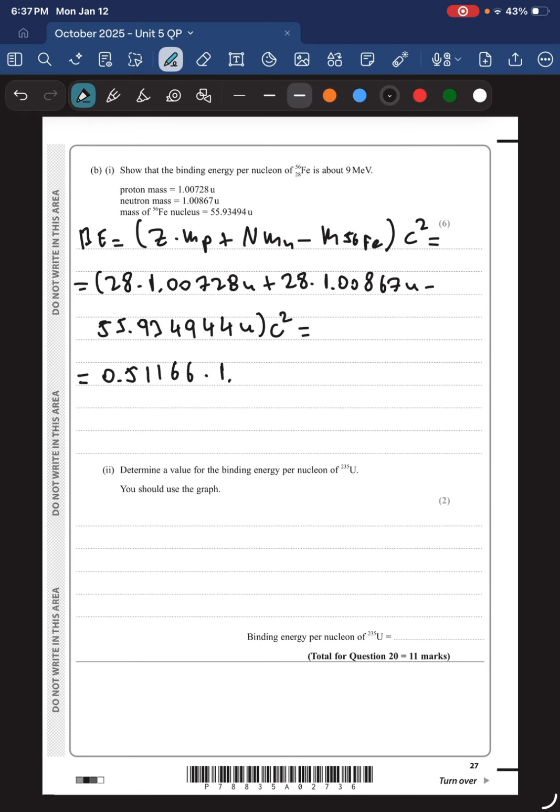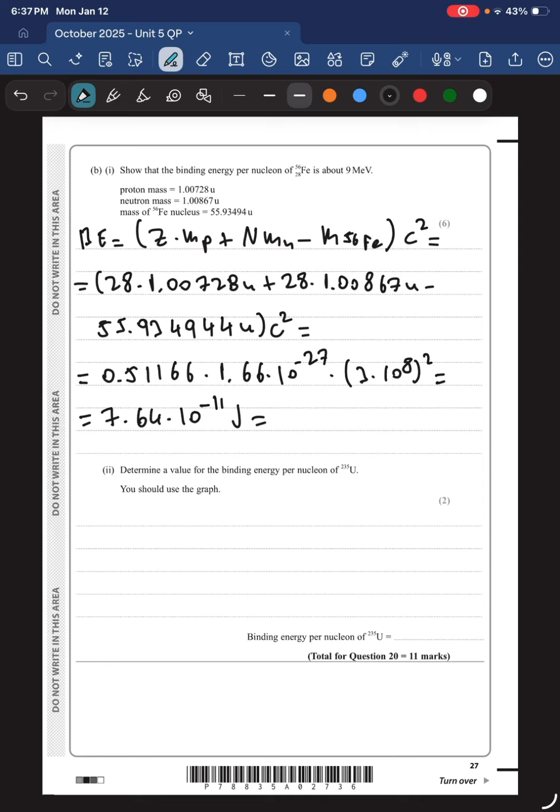So we have to multiply that by 1.66 times 10 to the negative 27 times the speed of light squared. Okay, so this is 7.64 times 10 to the negative 11 joules.